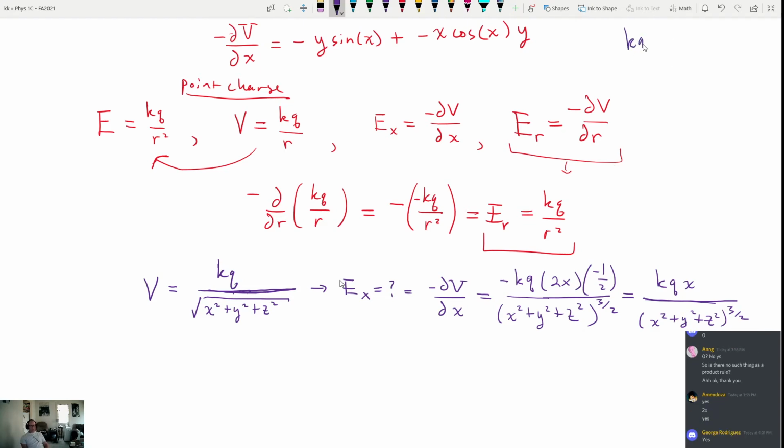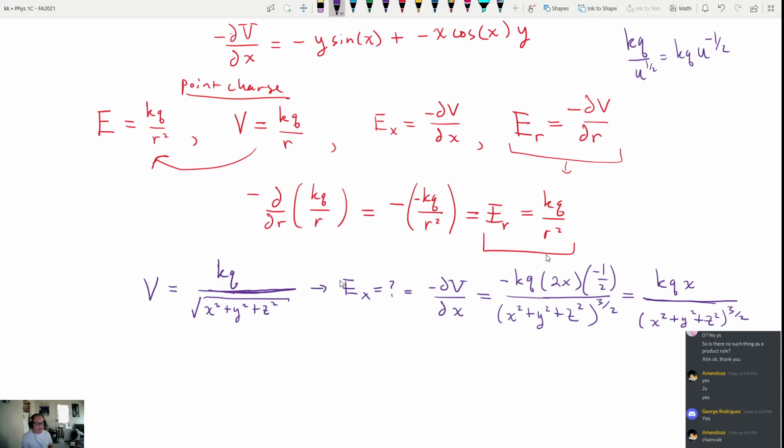We're basically doing kq over u to the 1/2, which is the same thing as kq u to the -1/2, which when you take the derivative of this, you get a -1/2, that's this. And you have kq u to the -3/2, that's this. And then you have to multiply by the derivative of the inside, which is 2x from the chain rule. So we get this, kqx over this.